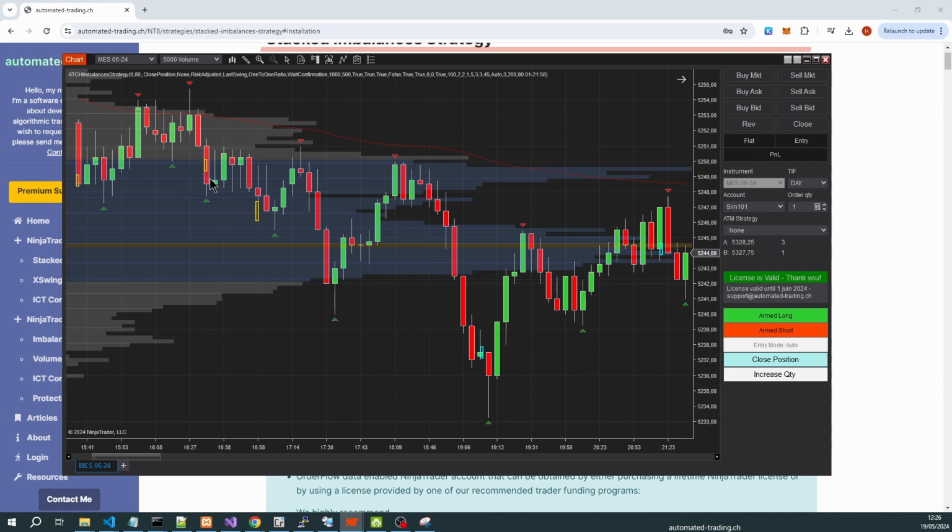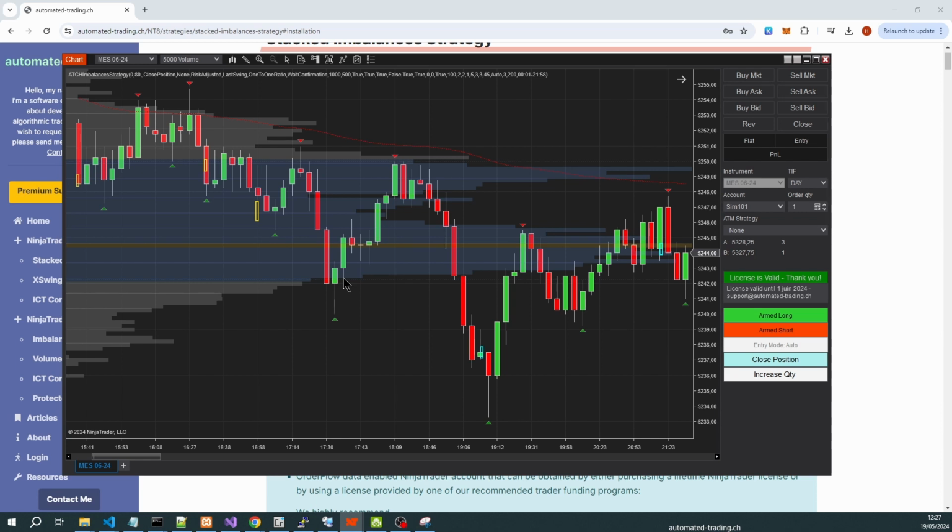Here in yellow, you have the bid side imbalance, which is generally speaking an indicator of aggressive selling volume on these prices. And in blue here, you have ask side imbalances, which are generally indicative of aggressive buying activity.